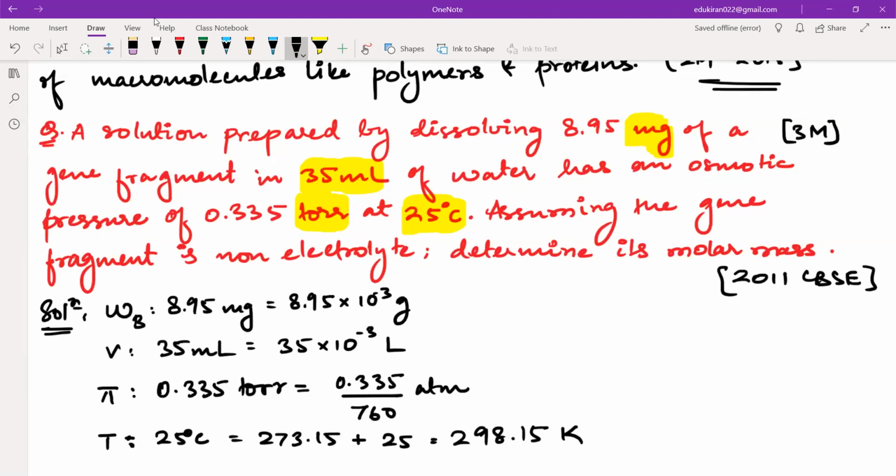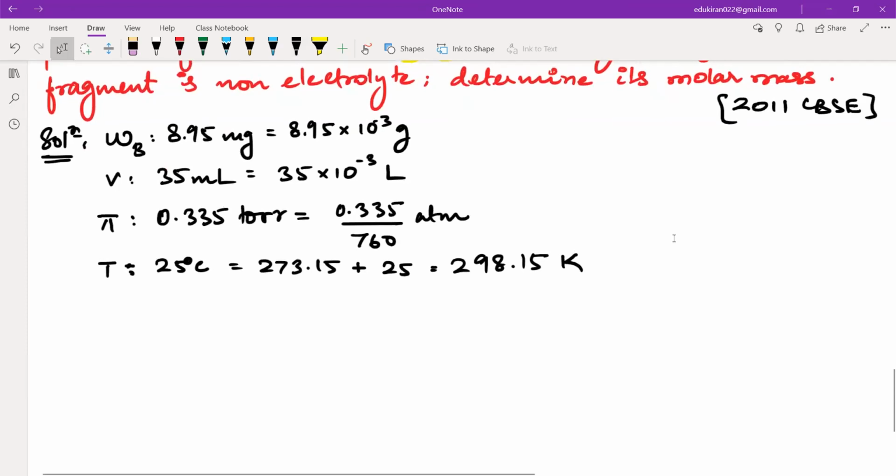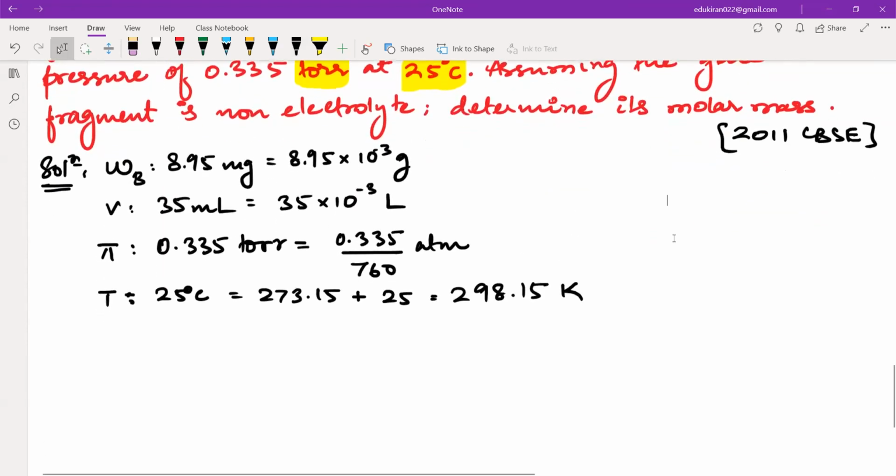Okay. You have to use the formula that we just wrote. Actually, in CBSE you have to write all of these things. You have to start from pi is equal to CRT, then only you will get marks.